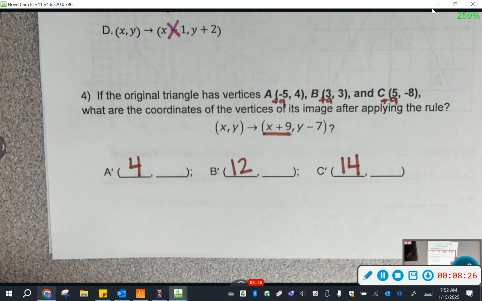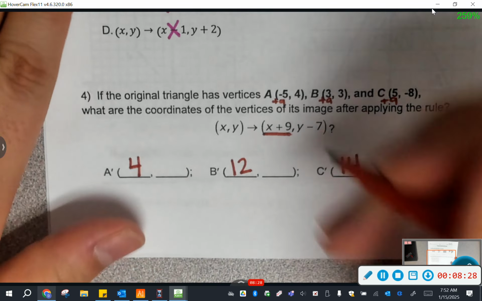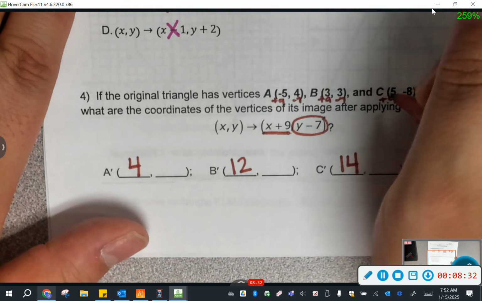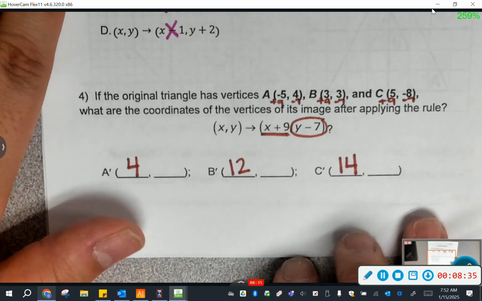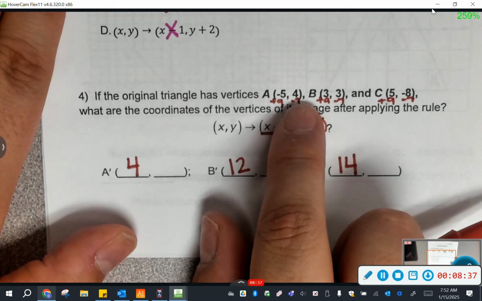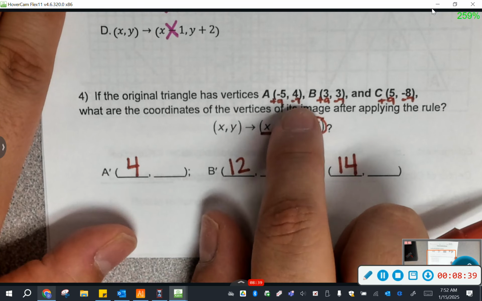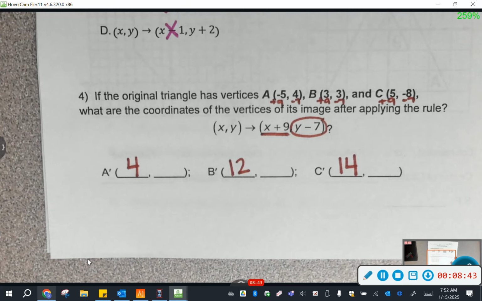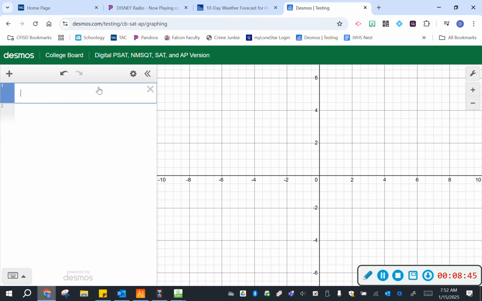What does it say to do to my Y's? Subtract 7. So I'm going to go through. You shouldn't really be on your computer right now. You should be looking up, writing down, checking, please. I'm going to go through and subtract 7 from each of these. And again, negative numbers trick y'all. Please be careful. What is 4 minus 7?